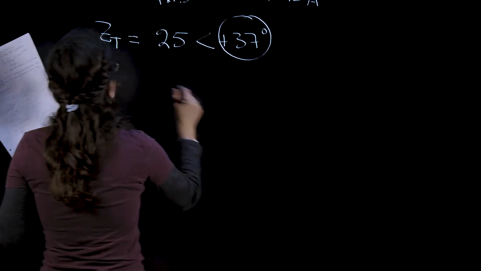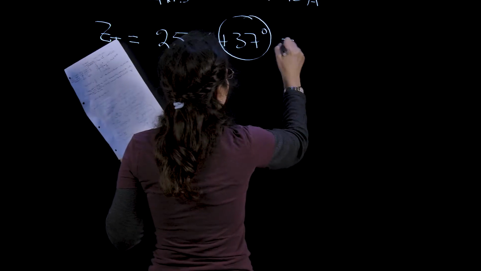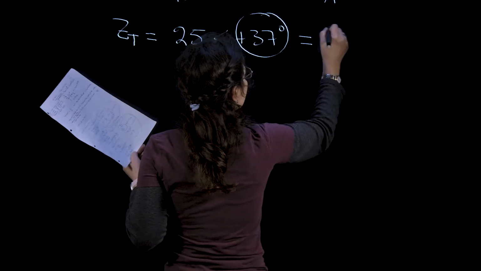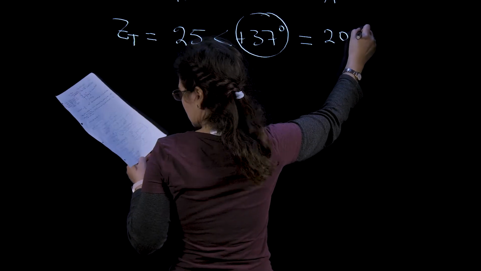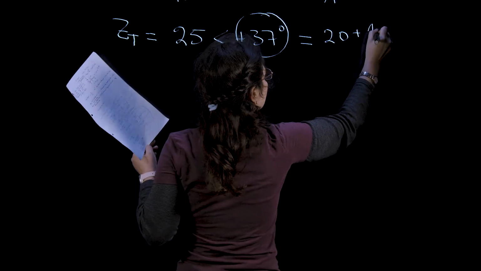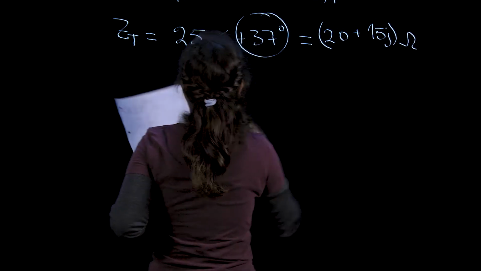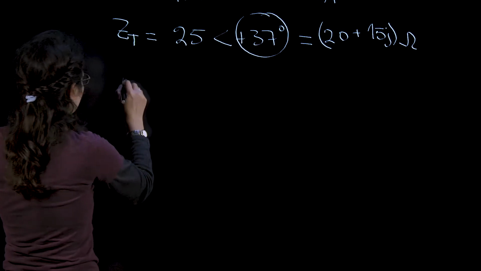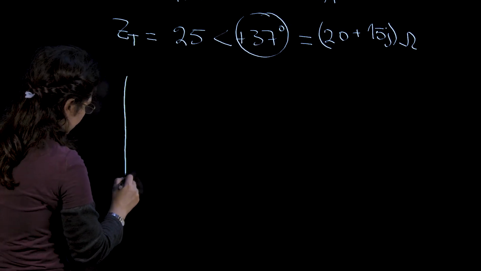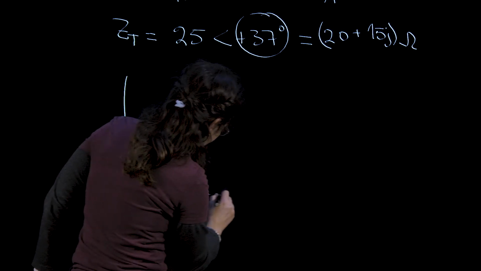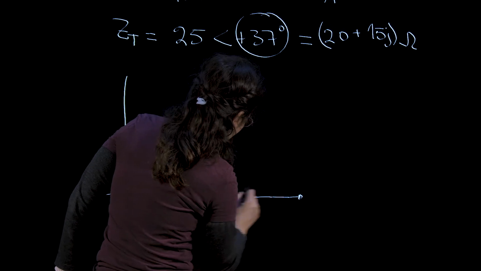So, in Cartesian form, my complex impedance looks like this: 20 plus 15j ohms. So, we can plot it here.